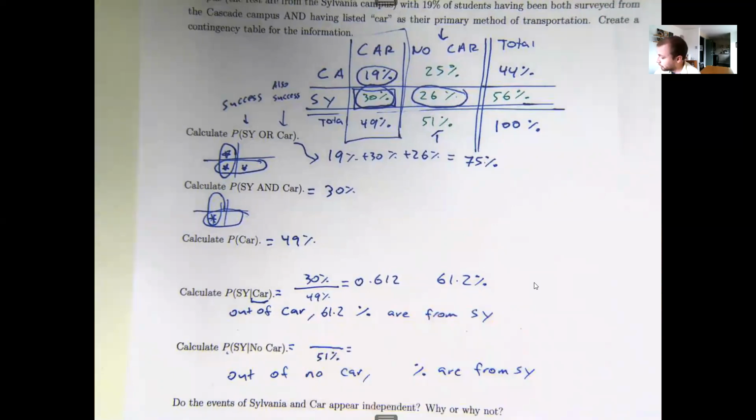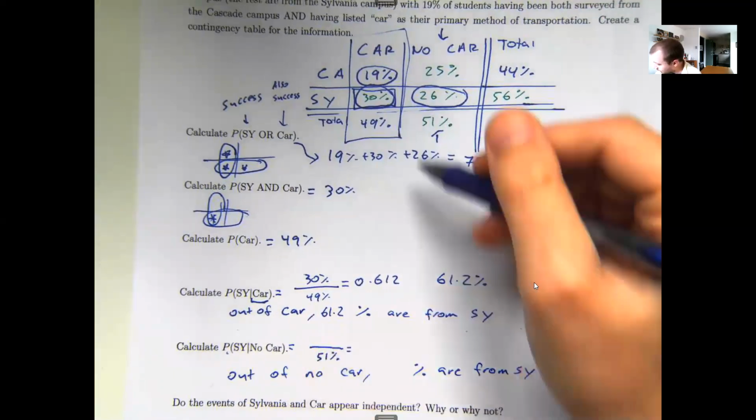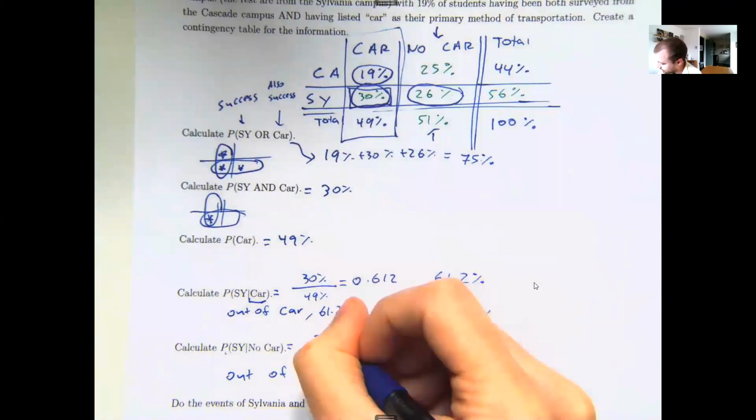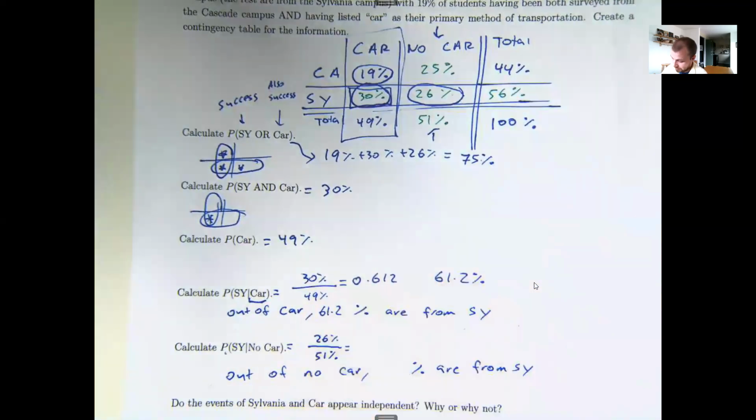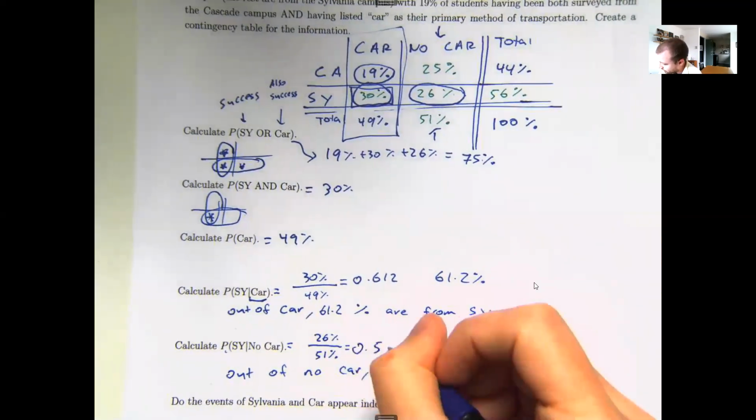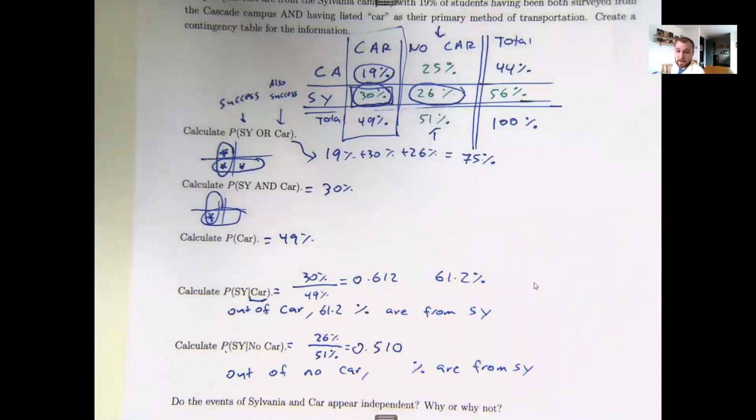The amount of those people without a car that are from Sylvania is 26. 26 out of the 51. This is giving me 50.98 rounded. I rounded that up to 51%.